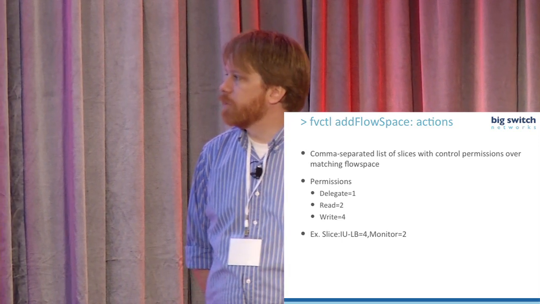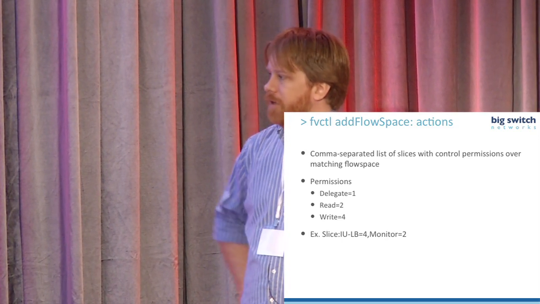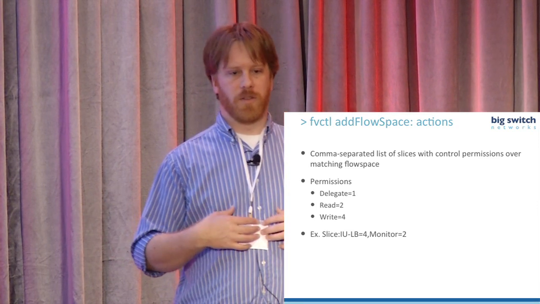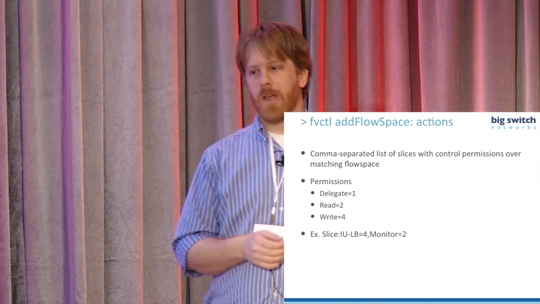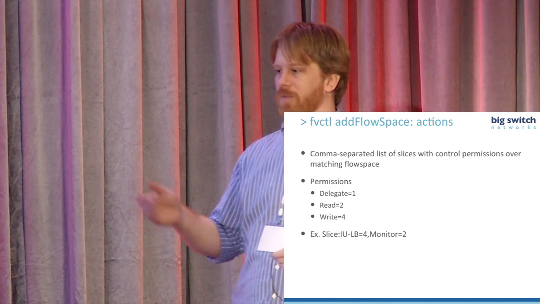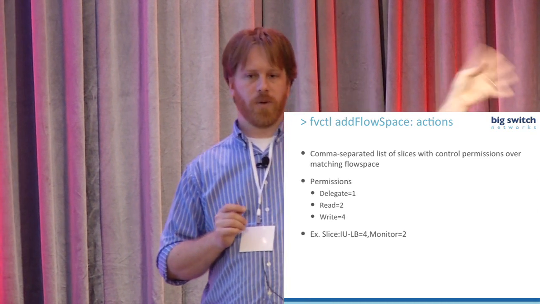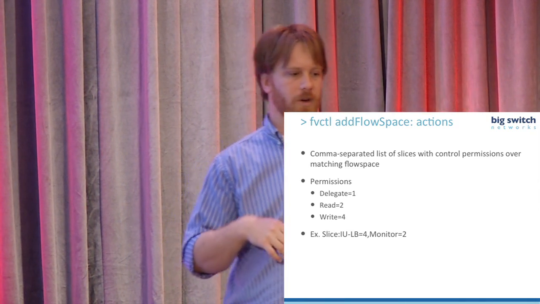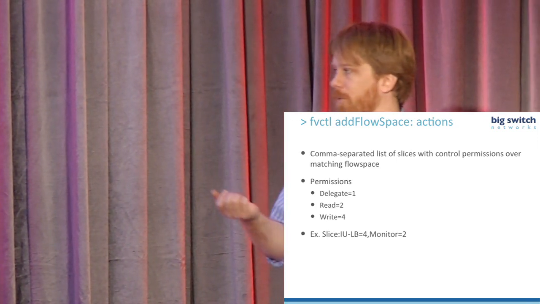In terms of the permissions a slice can have, the default one that you would think of is write permissions: this slice can direct this traffic through the network. You can also create a pure monitoring slice with FlowVisor, which is not allowed to direct traffic but can make queries about the network. You can imagine this for a network administrator trying to manage the entire network.